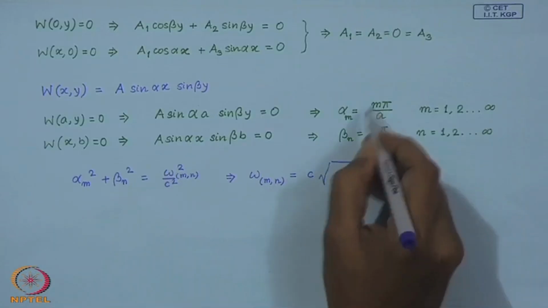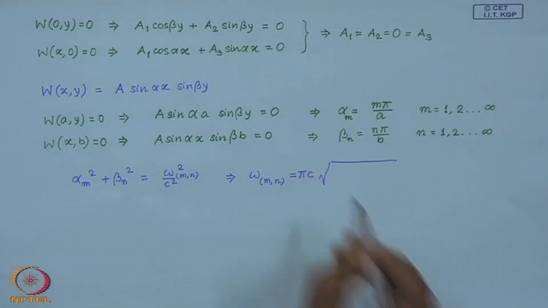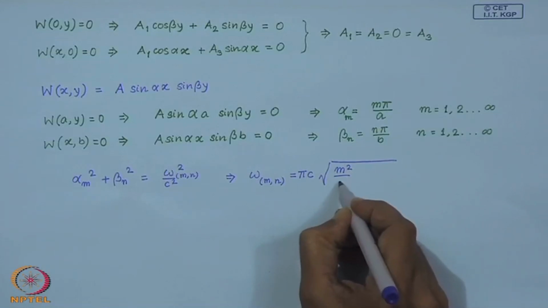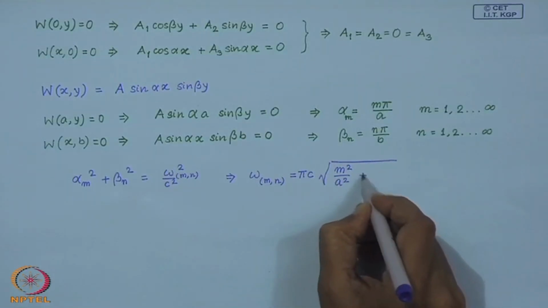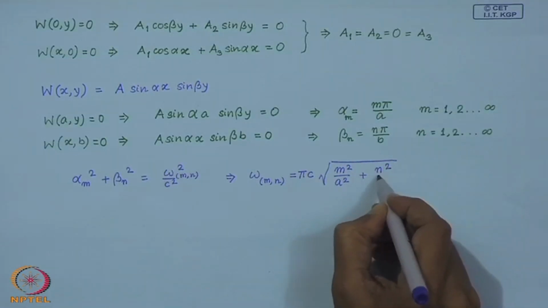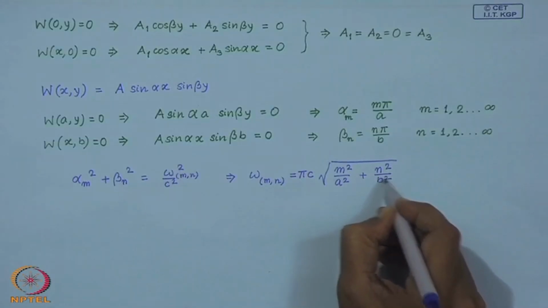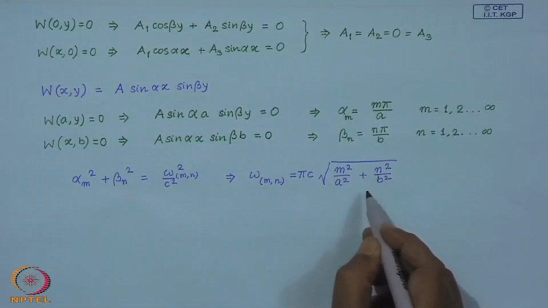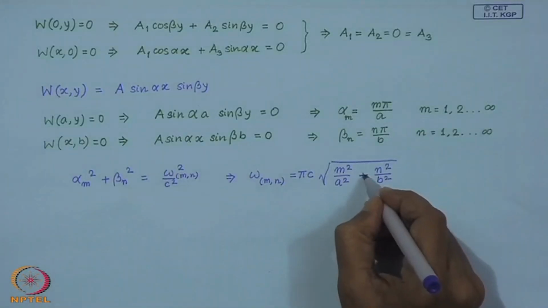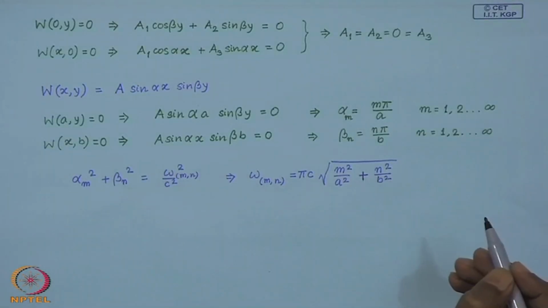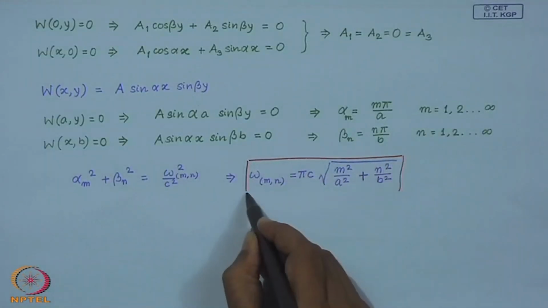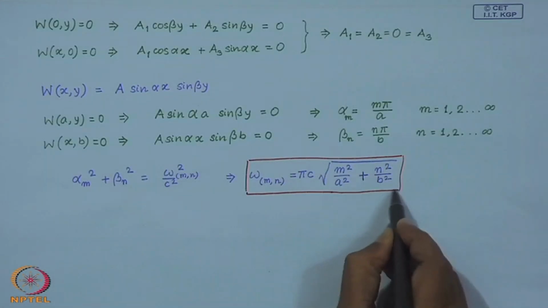I can take this pi as well outside. So, it is square root of m square over a square plus n square over b square. So, these are the eigenfrequencies of the rectangular membrane.